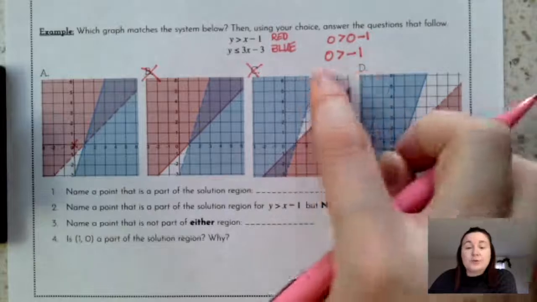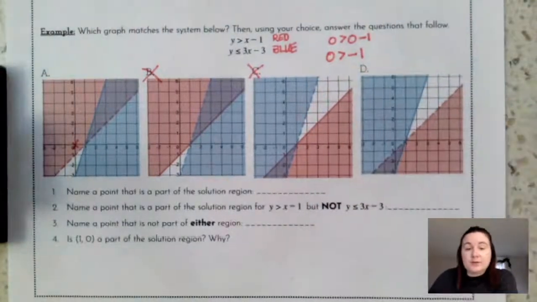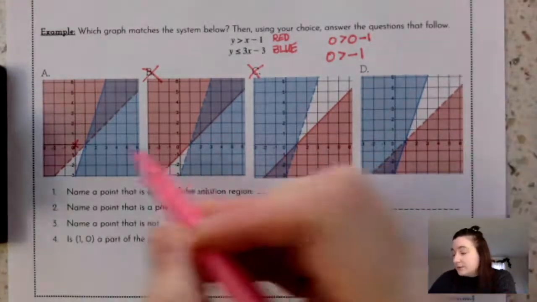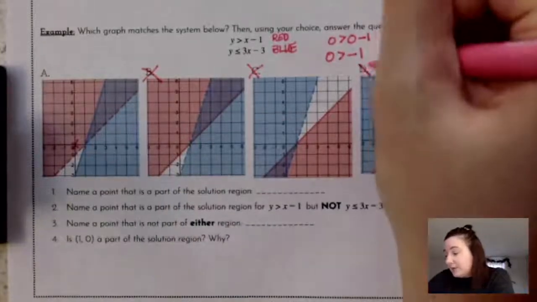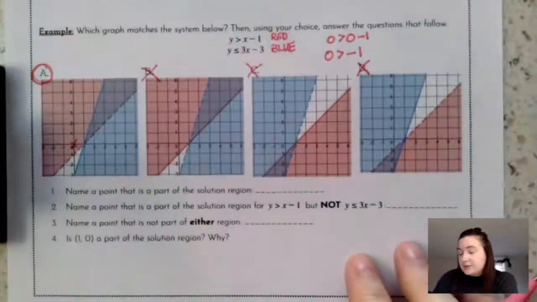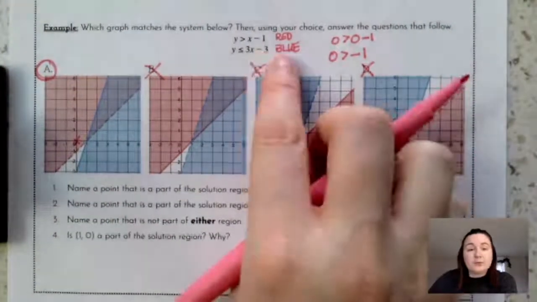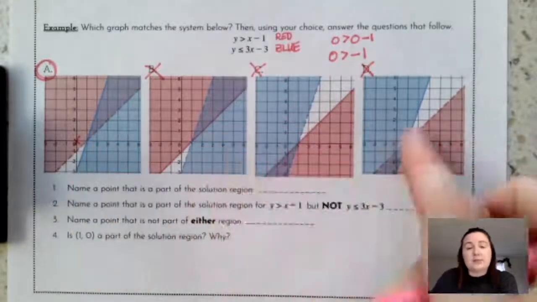And that is true. 0 is bigger than -1. So for the red line, we should be shading toward 0, 0, which does happen in A and does not happen in D. So A is my answer. I don't need to check anything else about the blue line, like where that one's shaded, because I know that this one is correct by process of elimination.